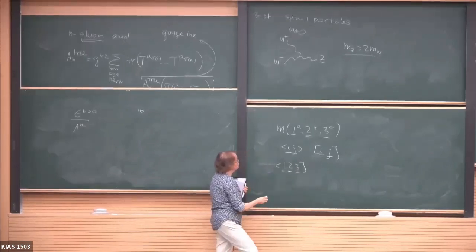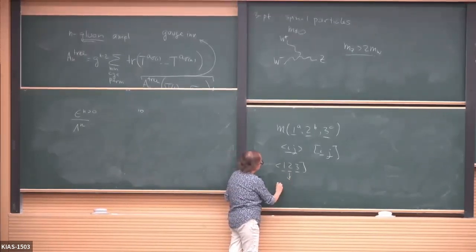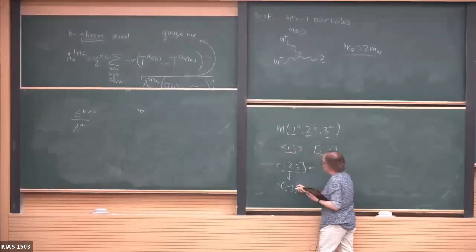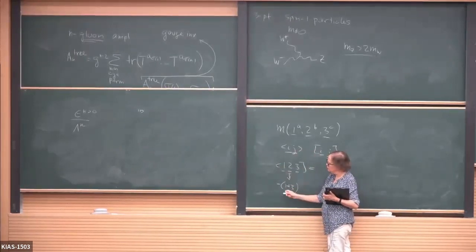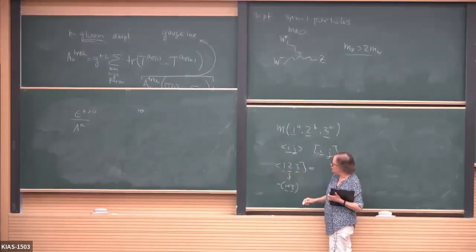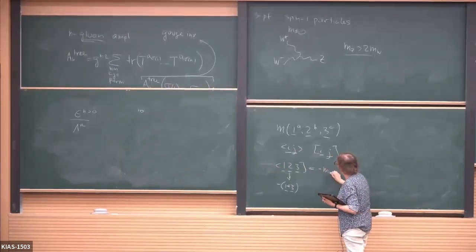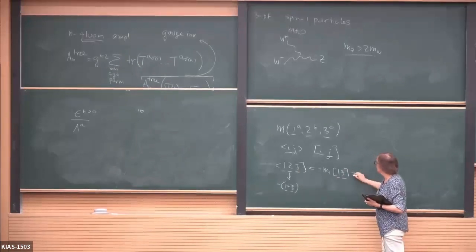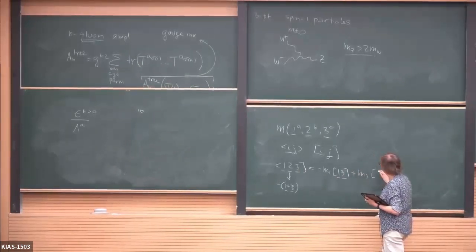Then I can use momentum conservation and write this 2 as minus 1 plus 3. So this one is acting on this guy here and giving me minus M1, 1, 3. And then this guy is acting on this side, and it's giving me M3, 1, 3.